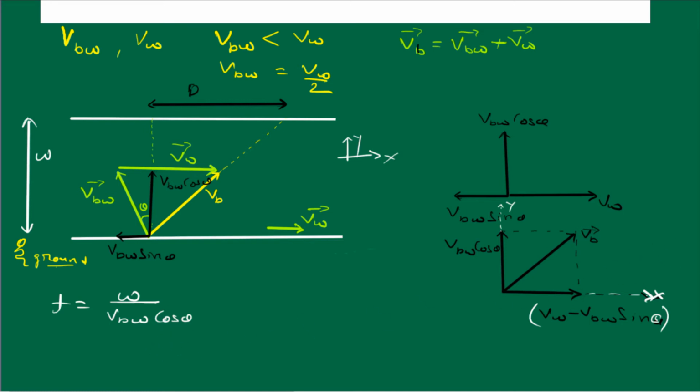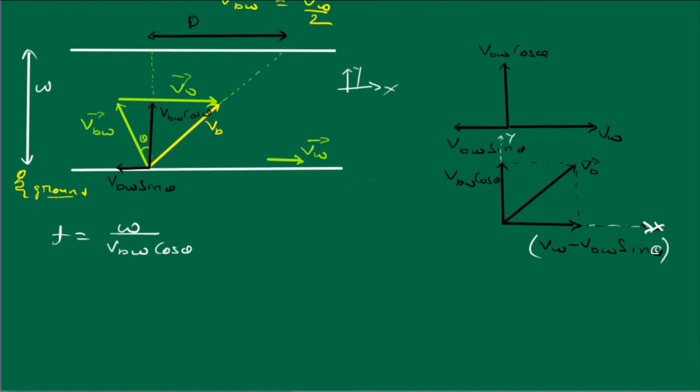And if we wish to write the drift, drift d is equal to, this velocity is the velocity of boat in x direction actually, right? And this velocity is the velocity of boat in y direction. So drift will be velocity of boat in x direction into time.